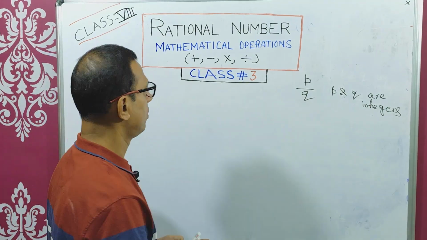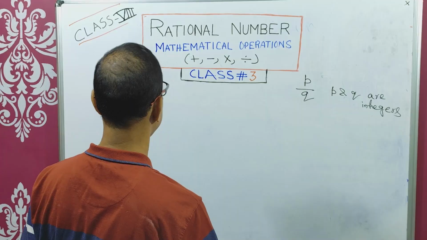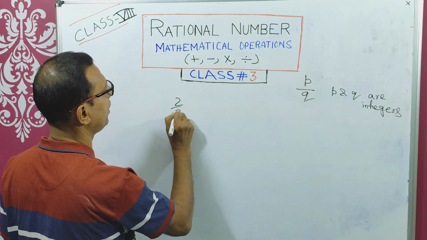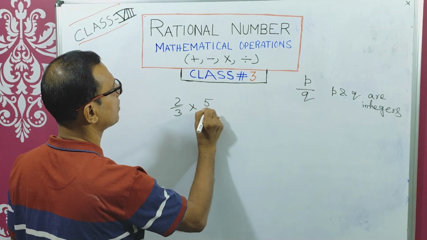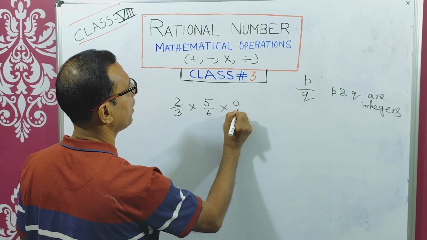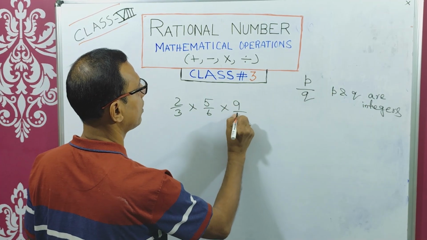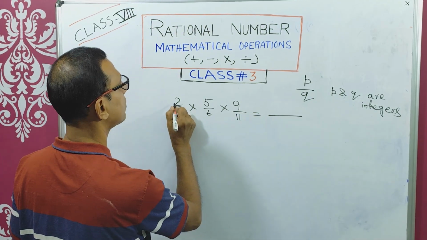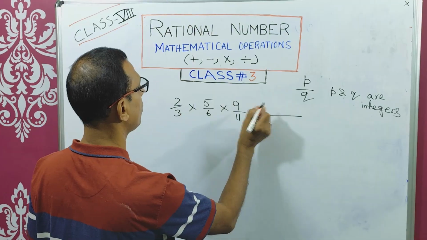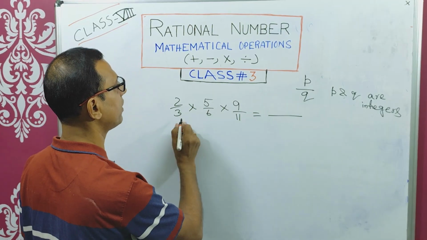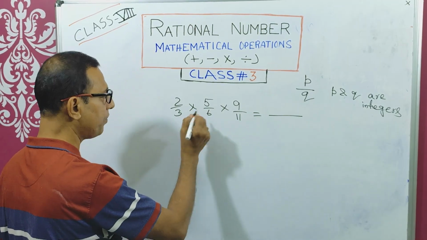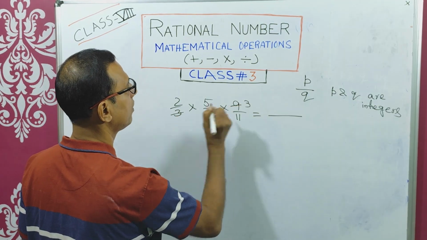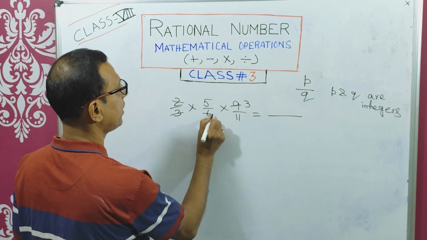Okay, just a couple of things. For multiplication of rational numbers, let's say 2 by 3 into 5 by 6 into 9 by 11, what will be the result? Straight away you multiply all the numerators and then all the denominators. If you can cancel, then 3 threes are 9 and 2 threes are 6.